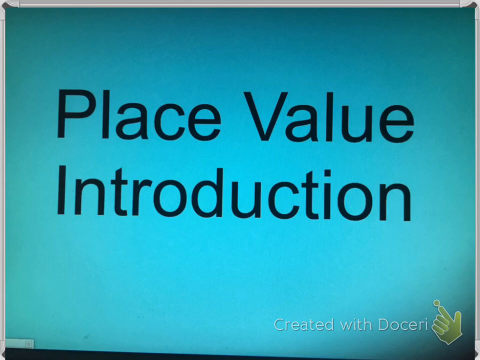But before we can really explore these learning targets, I need to make sure that we all have a solid grasp of place value. Place value simply means that the value of a digit in a number depends upon its location or its place in that number.